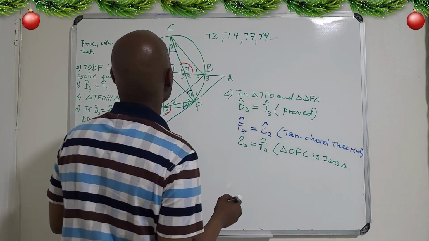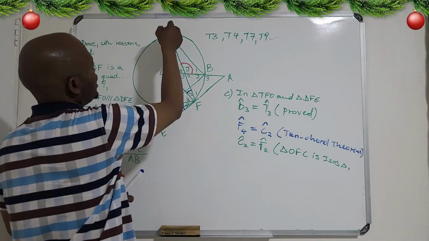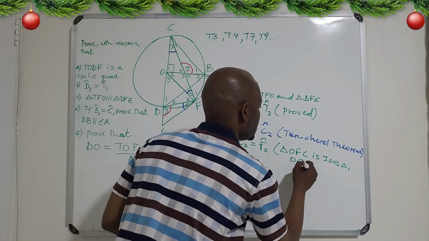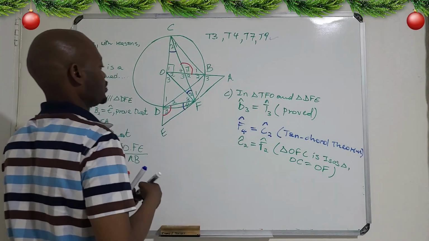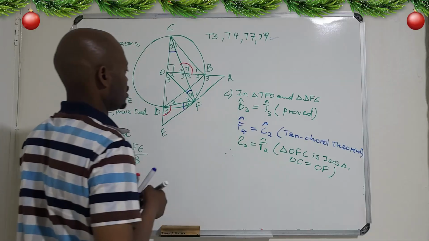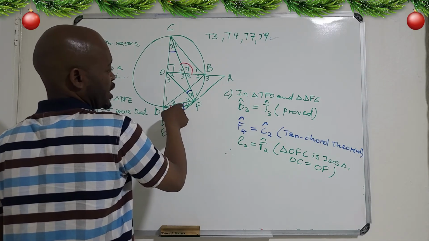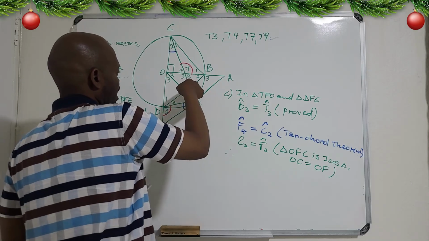Why is it an isosceles triangle? Because I have OC equal to OF. Therefore, this angle is going to be equal to this angle there.